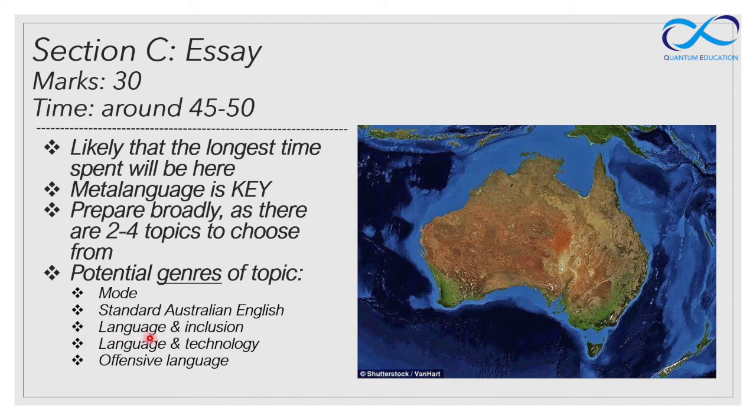Language and inclusion, so here we talk about things like language and identity, especially. And a really common up-and-coming topic is language and technology, so especially questions like how is the internet affecting language. Another common one is offensive language, so how does language offend some people, and how do we manage that in society, and should language censorship be relevant in Australia.